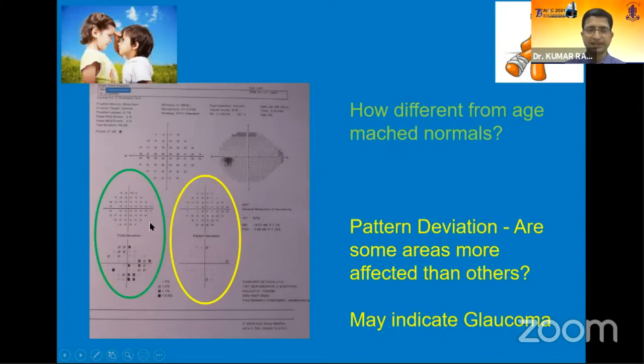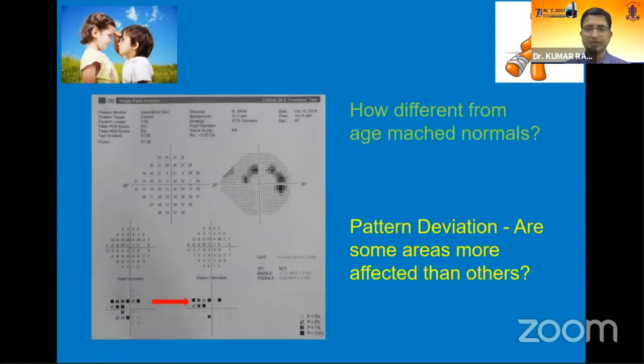The system then analyzes these particular values and gives us an idea if the patient has any localized field defect. In glaucoma, we know that there are areas of localized field defect which are important to us. In this report, we can see that these areas have localized field defect. This we get in the pattern deviation maps.